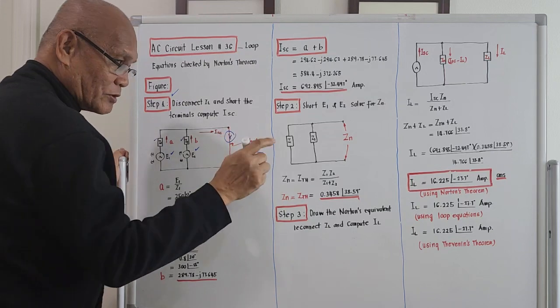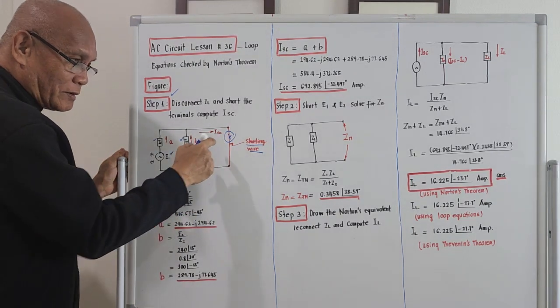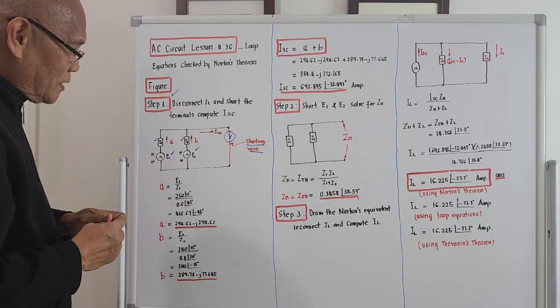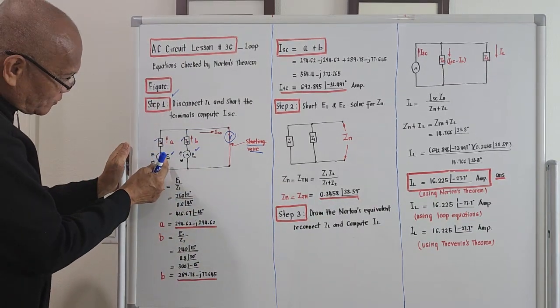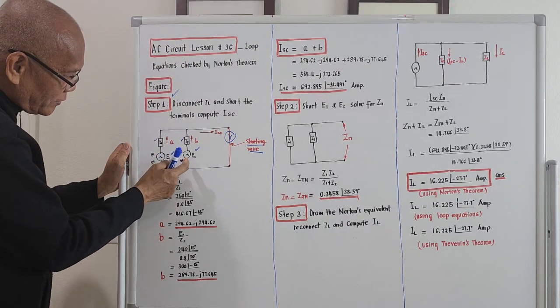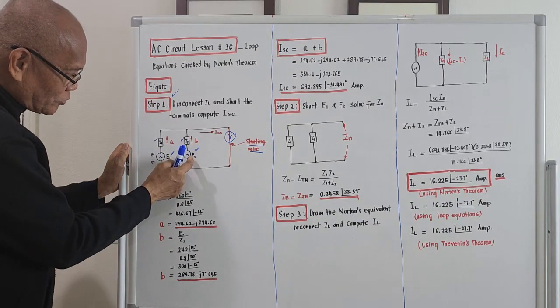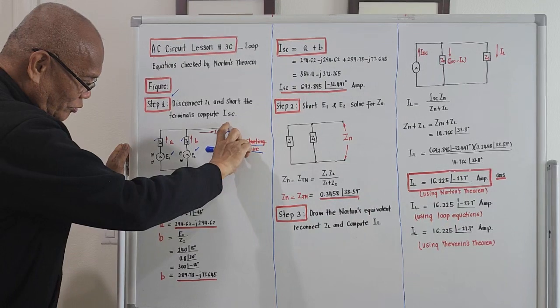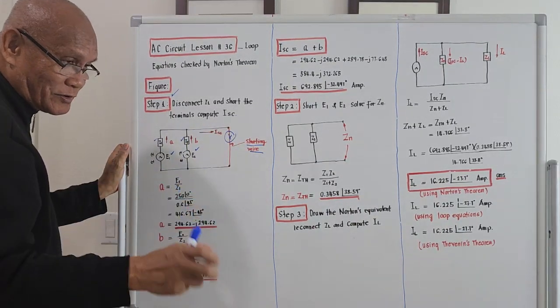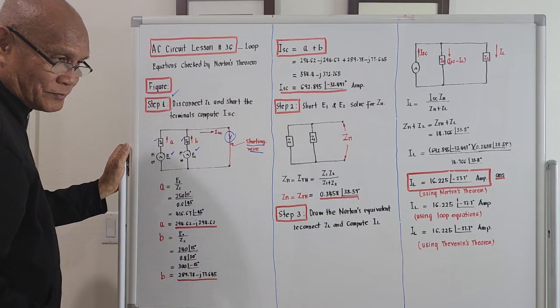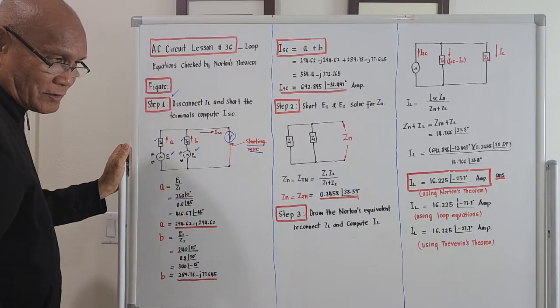If you use your ammeter, there should be a current. There will be a current coming from voltage source number 1, and a current coming from voltage source number 2. Because if we short this out, there will be a big short circuit current. That's why the term is short circuit current.